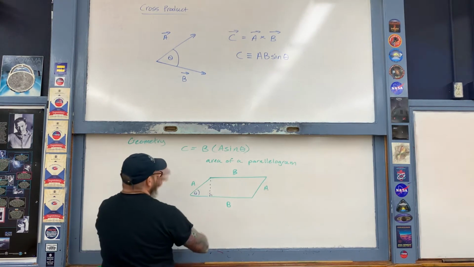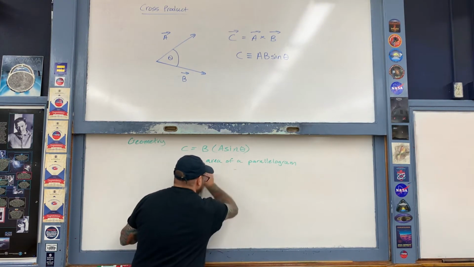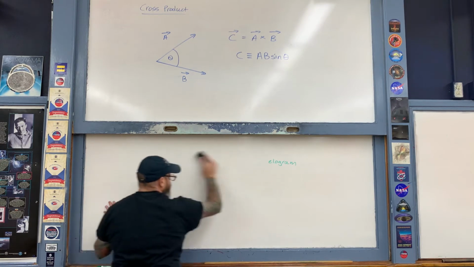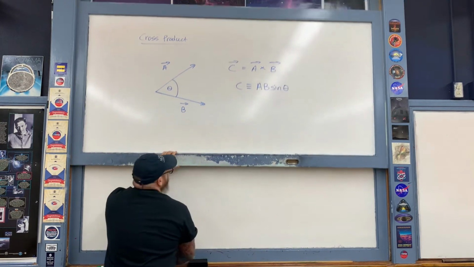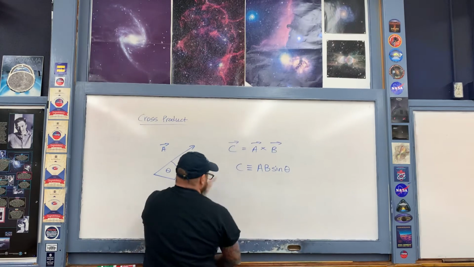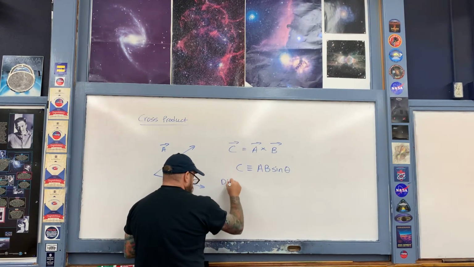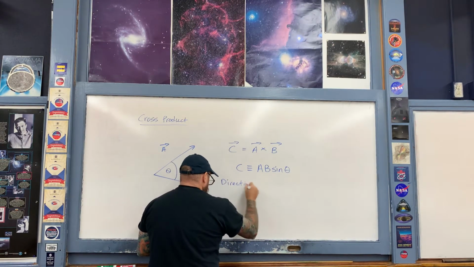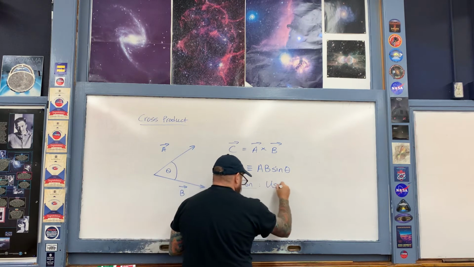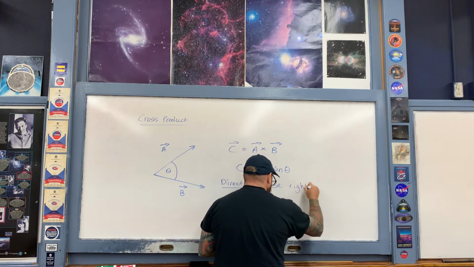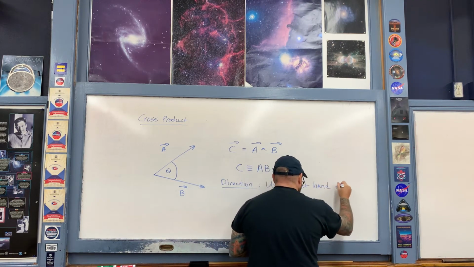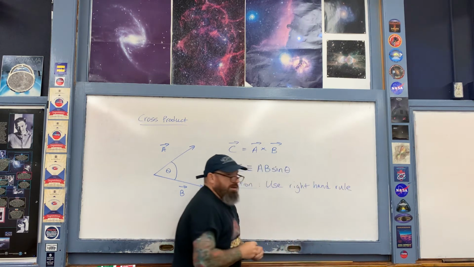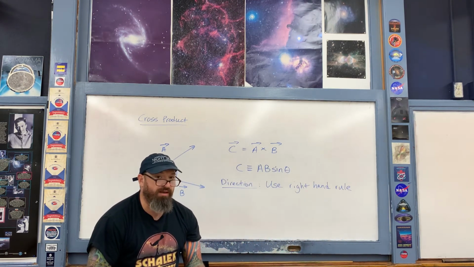Let me jump back up to the top board to illustrate. In order to get the direction associated with the vector C, this is where we specifically use the right-hand rule. So here's how you use the right-hand rule.